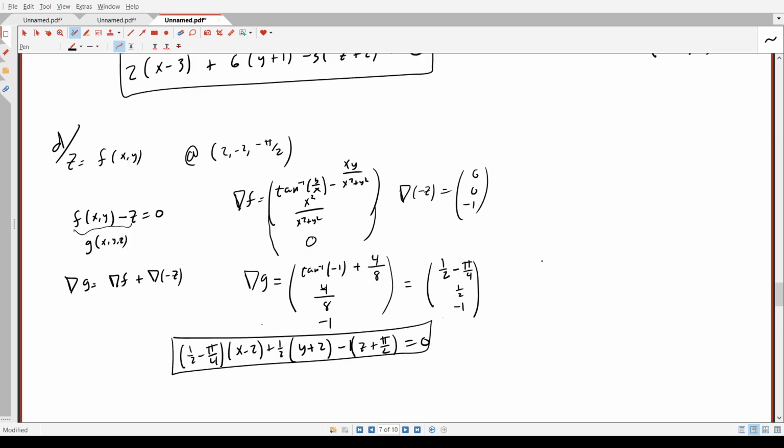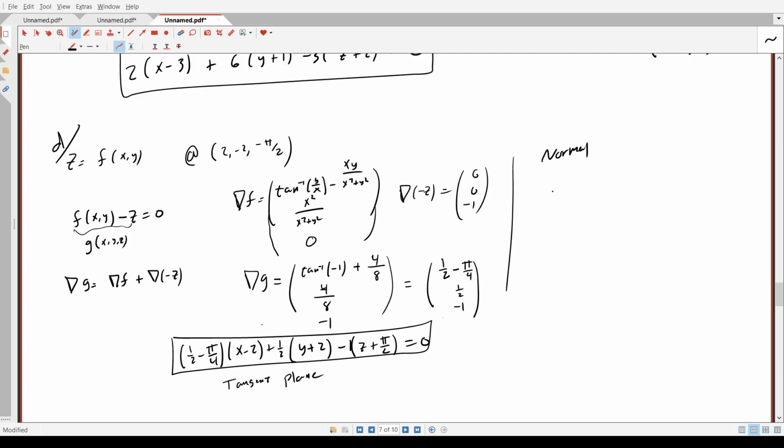If I want the normal line, let's see, it says write the scalar parametric equations.